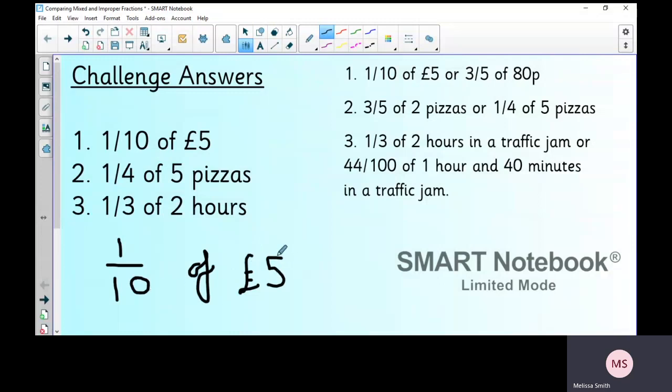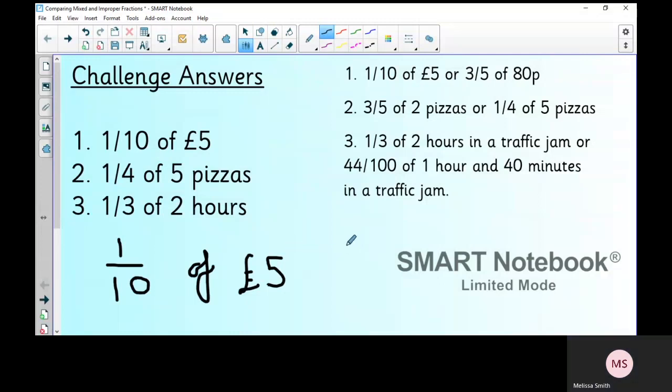We do the amount divided by the denominator, and then we times by the numerator. Now, £5 divided by 10 is a little tricky to do. So we need to think to ourselves, what can I convert £5 to, which will make that calculation easier for me to do? Well, I know that I can convert pounds to pence. £5 is equivalent to 500 pence.